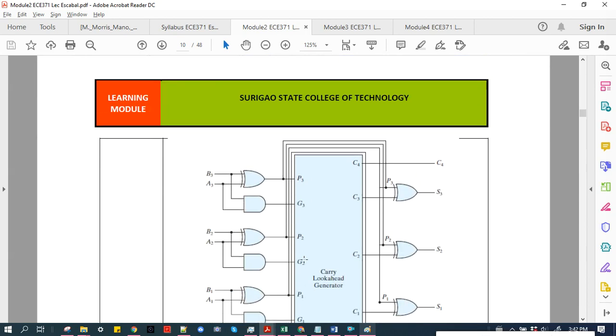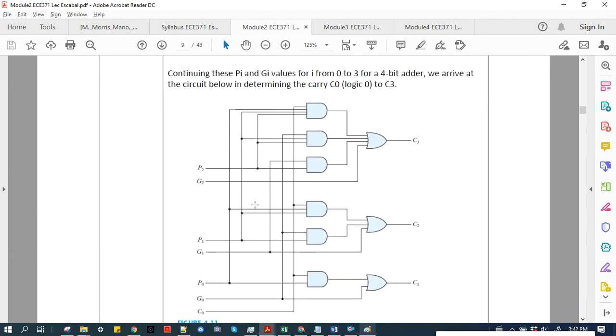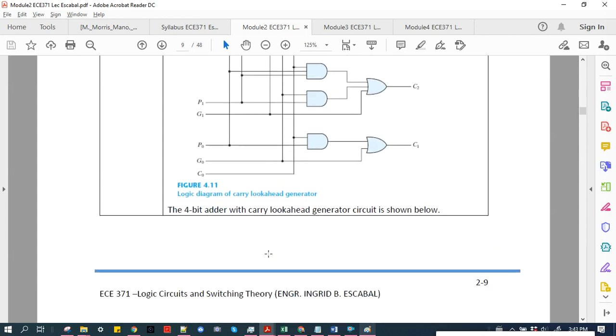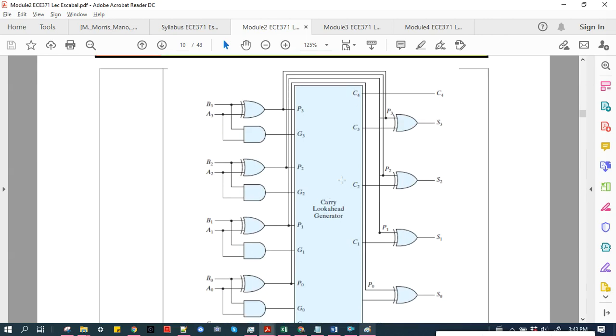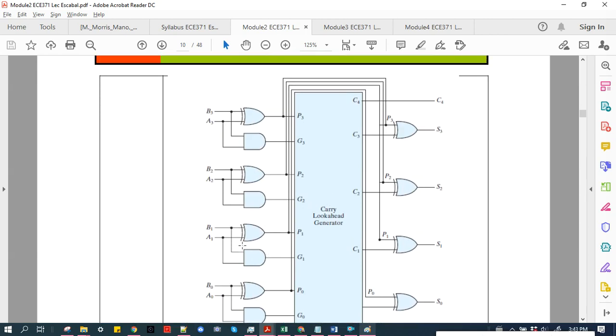So P2 is exclusive OR of B2 and A2. To get C3, it is just ANDed with G1, and our G1 is just A1 AND B1.